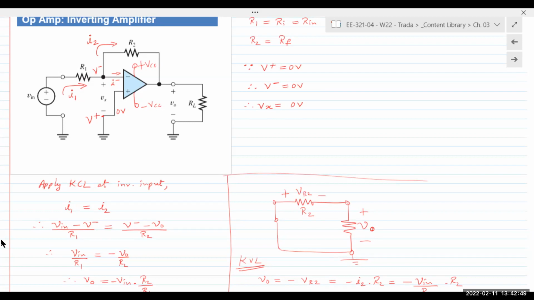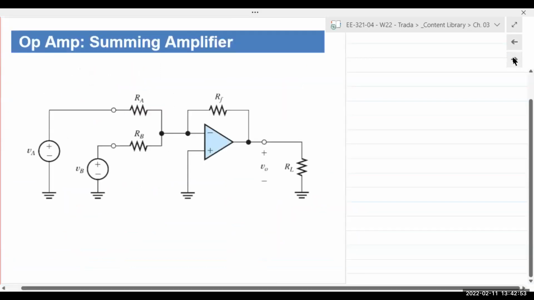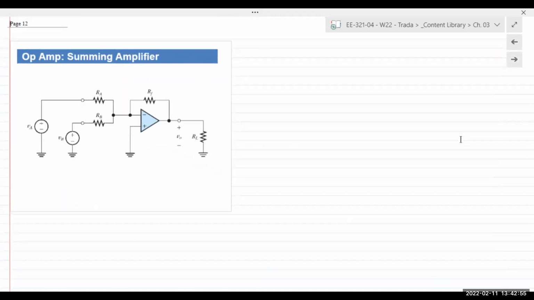Okay, then let's look at an extension of the inverting amplifier. We call this a summing amplifier. This example here uses only 2 inputs. I'm going to go ahead and add a third one.